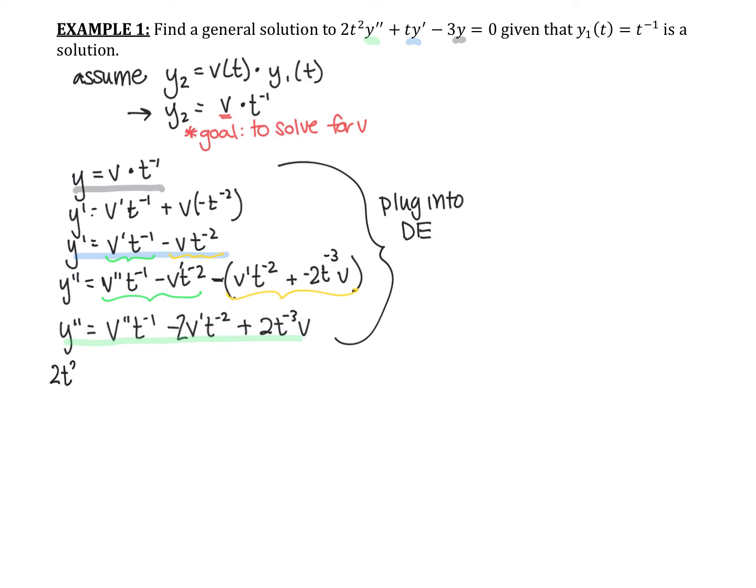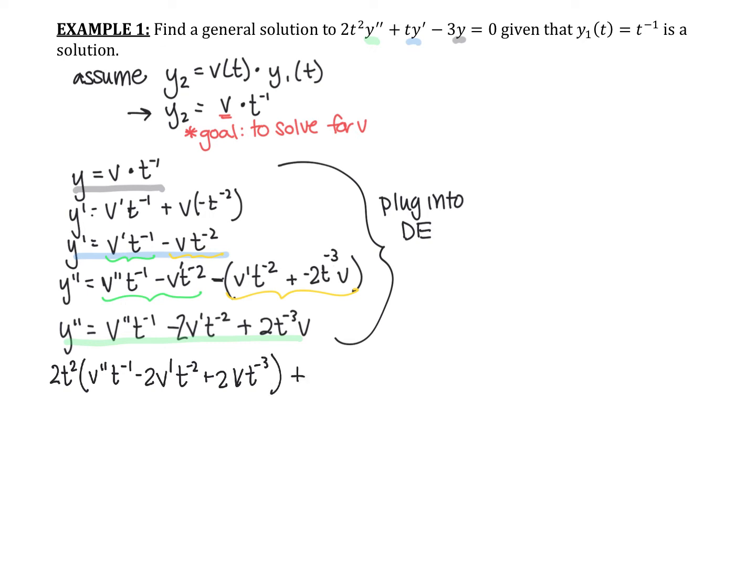So 2t squared times y double prime, which is v double prime t to the negative 1 minus 2v prime t to the negative 2. So that's my second derivative.